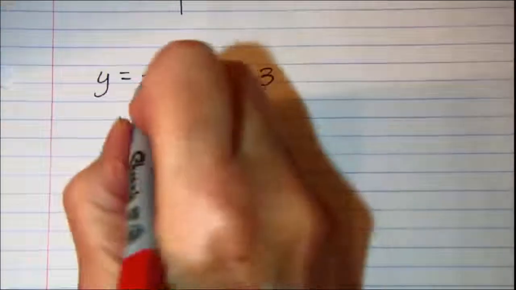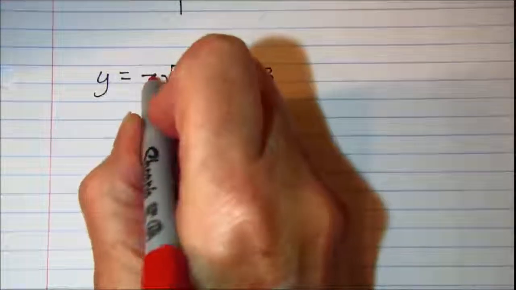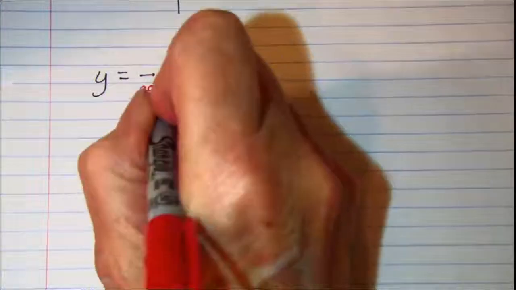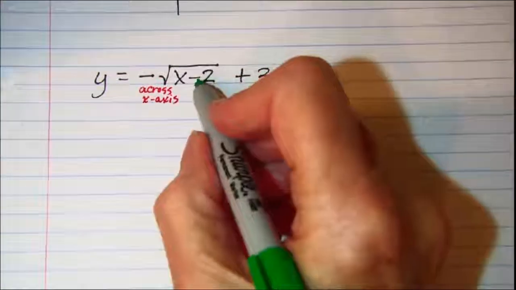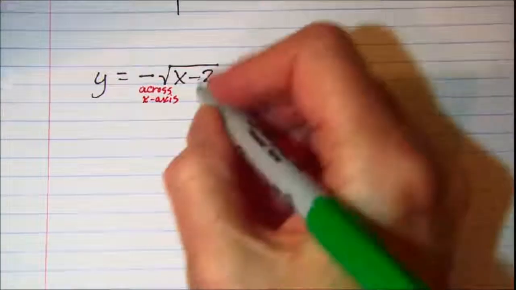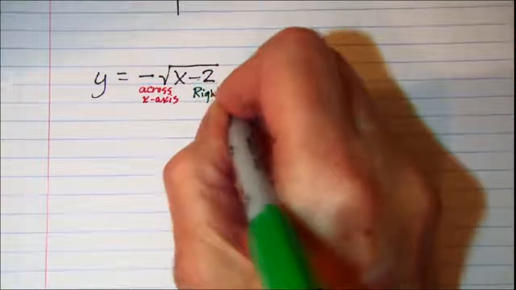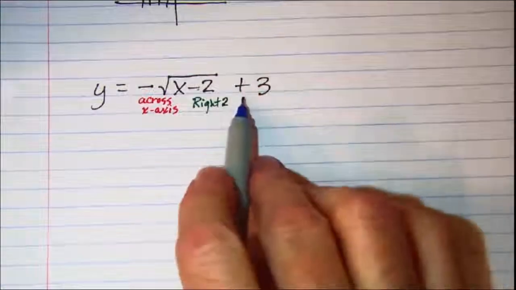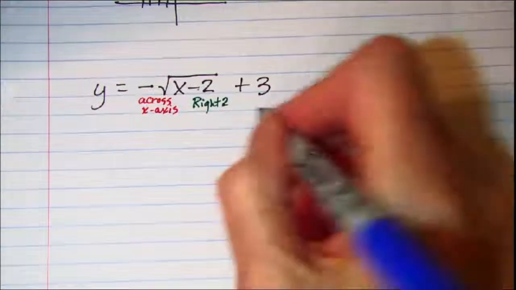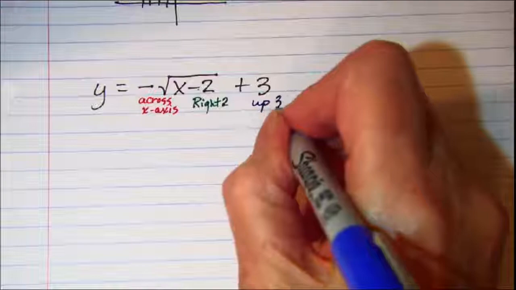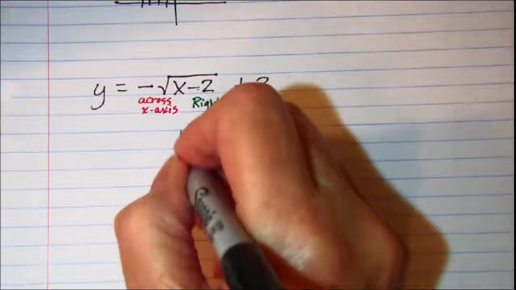Now a negative sign out in front of the radical should reflect across the x-axis. And then subtracting 2 should move it right 2. And then adding 3 outside should move it up 3. So let's see.